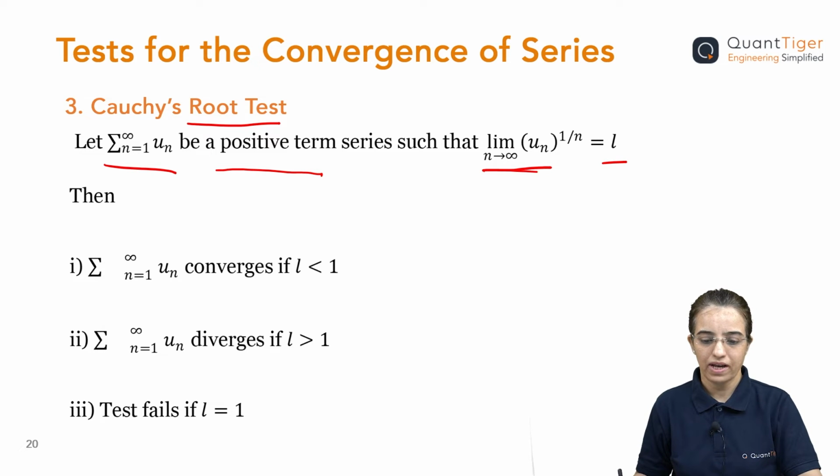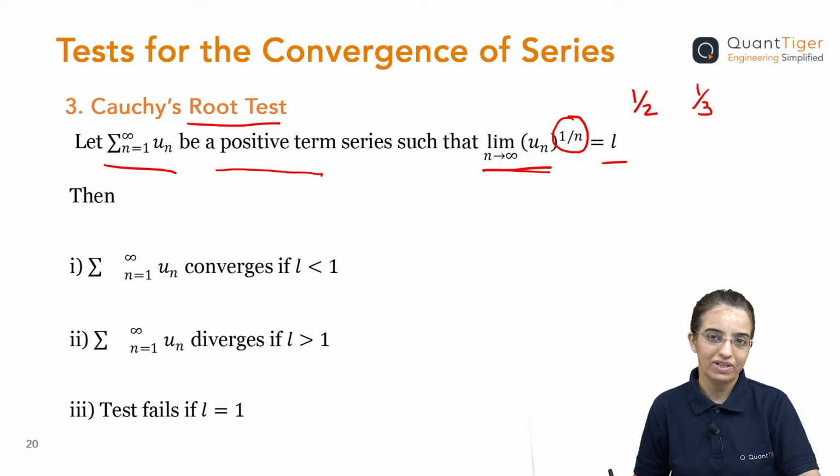Basically, we are taking a root, which we write in terms of 1 upon n. Just like we write square root as 1 by 2 and cube root as 1 by 3, we are taking the root of the given series and representing it by 1 by n. It can be any root like 1 by 2, 1 by 3 or 1 by 4.